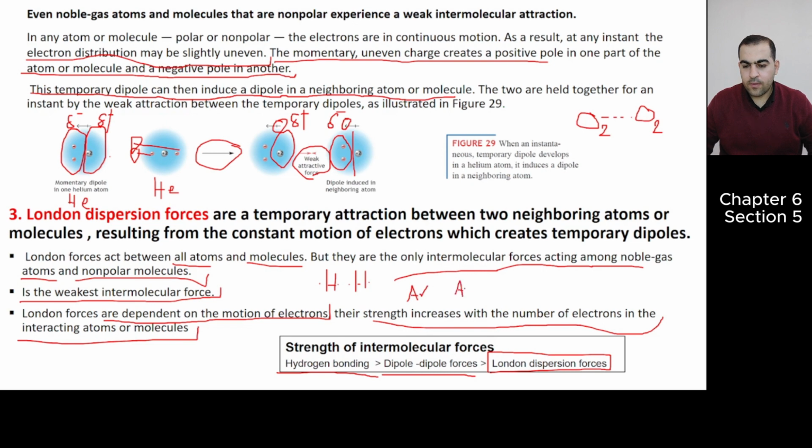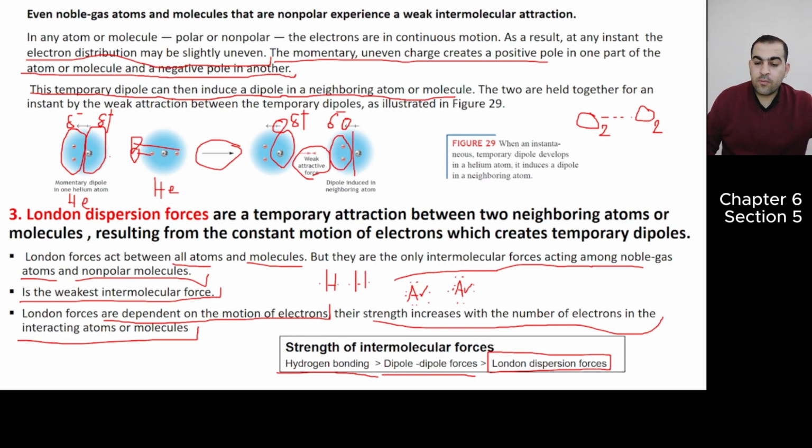Okay, argon, how many valence electrons does it have? Eight. When the number of valence electrons increases, what happens? This force of attraction, London dispersion force, is going to be stronger.